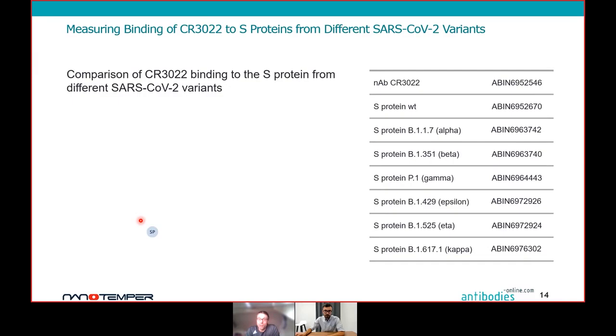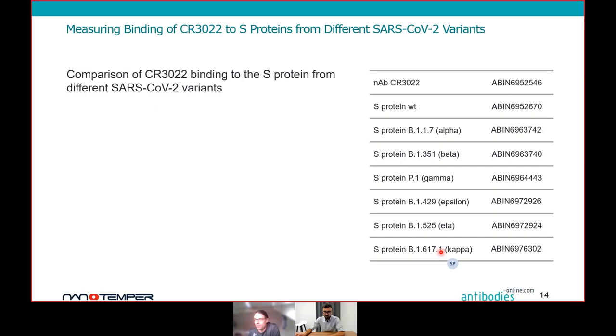The S proteins tested were those of the canonical Wuhan wild-type strain, which we will refer to in the following as just wild-type, and S proteins from different variants: B.1.1.7 alpha, B.1.351 beta, P.1 gamma, B.1.429 epsilon, B.1.525 eta, and B.1.617.1 kappa.